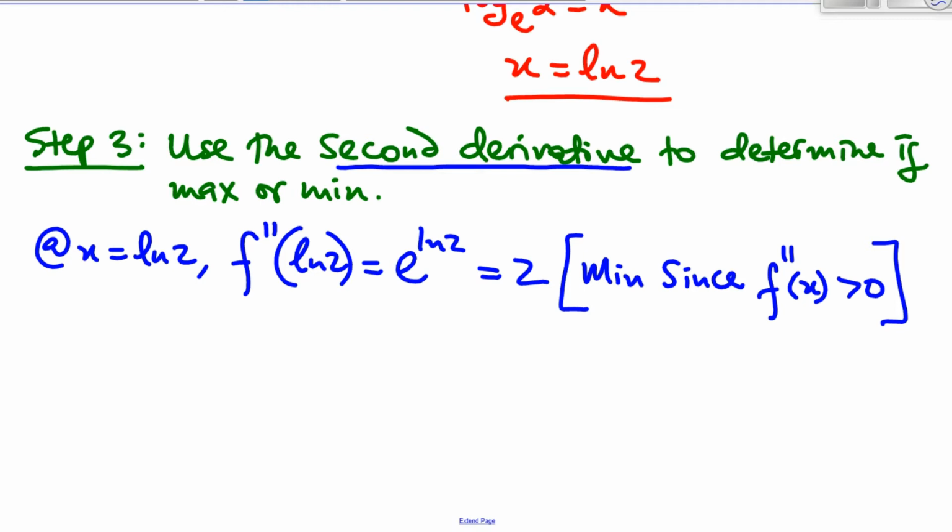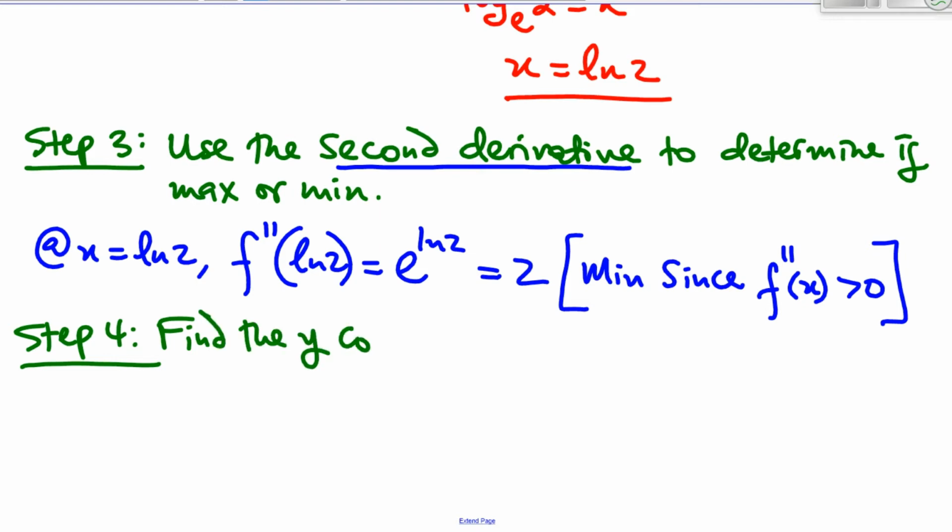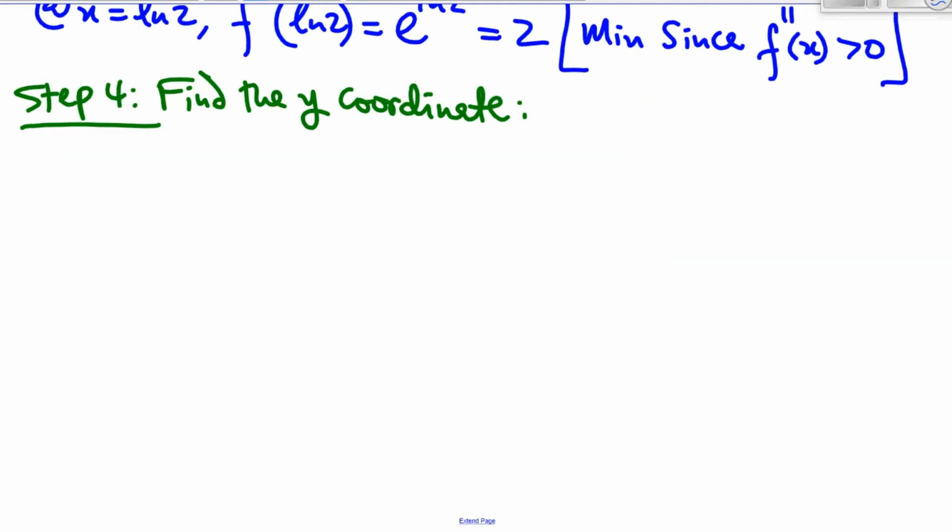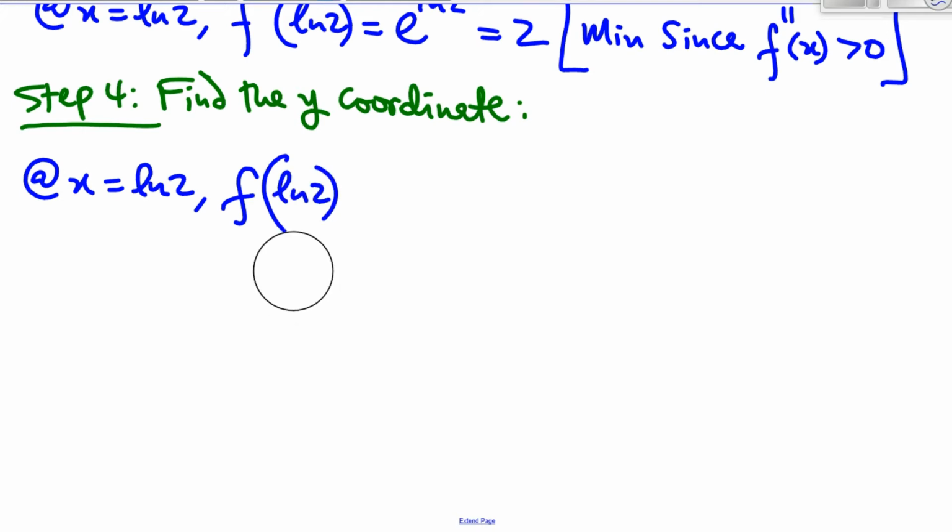Step 4 is just finishing this off. Step 4 is to find the y coordinate. To find the y coordinate, we just need to plug ln 2 into the original function.